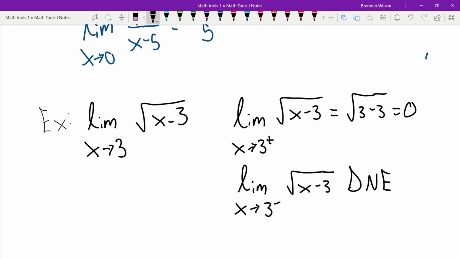So this is where the domain of a function comes in handy. The domain of this function is 3 to infinity, and the limit specifically says it needs to be defined in an open interval around 3, meaning a little bit to the left, a little bit to the right, but here it's not defined a little bit to the left of 3.